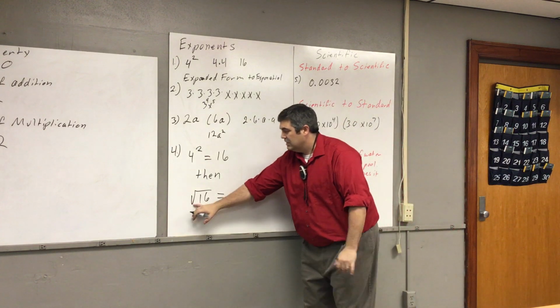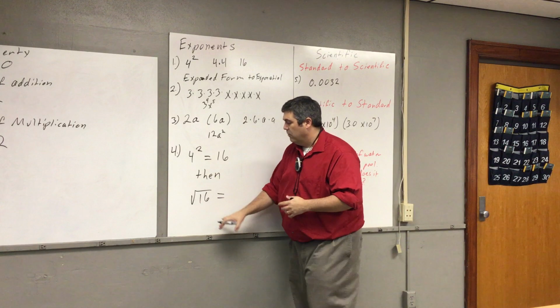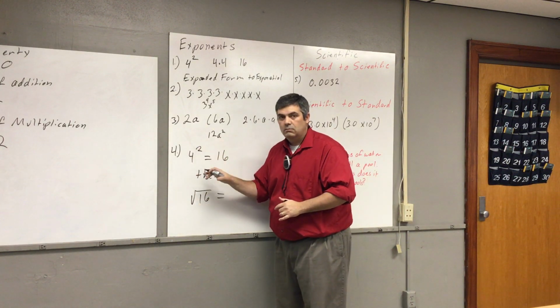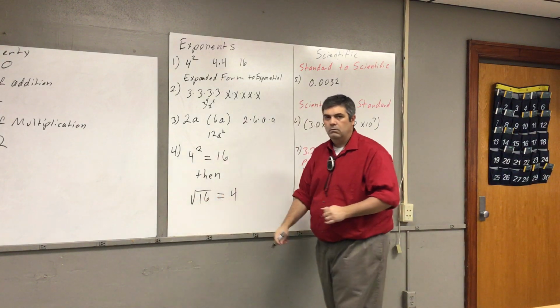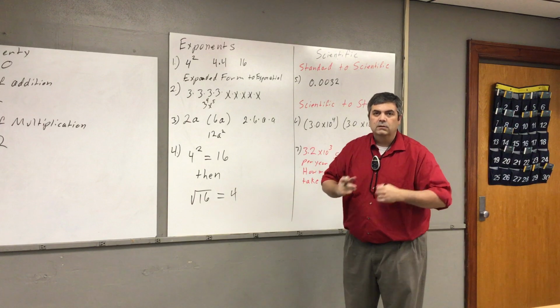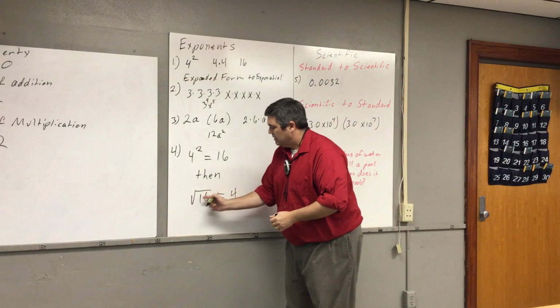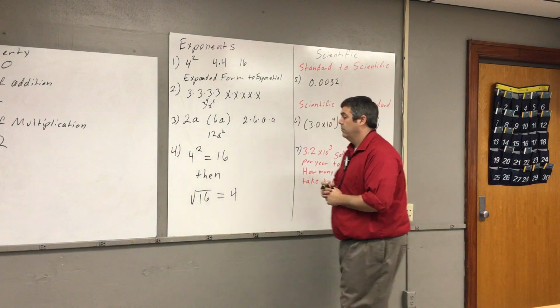This undoes this. That's the key here. That's what they're looking for. They're looking to see if you understand that this undoes this. Well, the square root of 16 should equal 4, because 4 times 4 gives me 16. That's all that they're trying to do. Do you understand that the square root undoes the square? That's what we're looking for there.